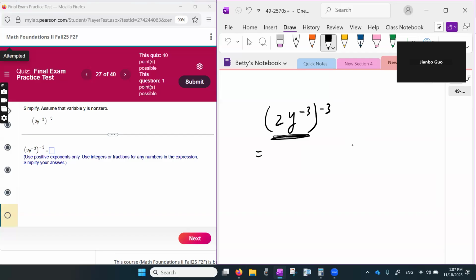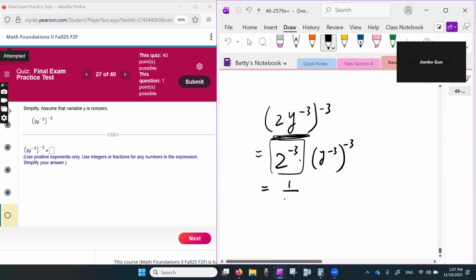First factor 2, second factor y to the power negative 3. We have 2 to the power negative 3 times y to the power negative 3 to the power negative 3. This part we need to use the negative exponent formula. 2 to the power negative 3 is 1 over 2 to the power 3, times the power rule. Keep the base y, multiply the two exponents, negative 3 times negative 3 is 9.